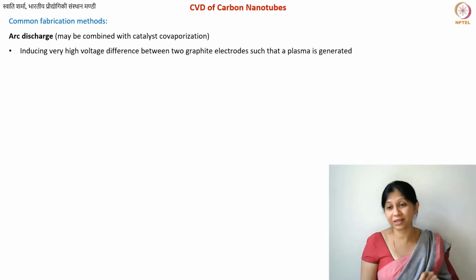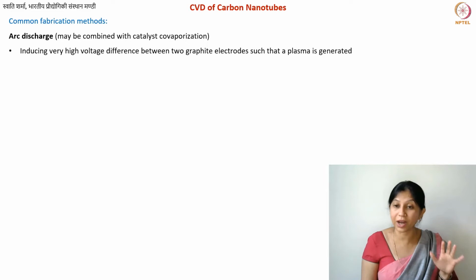And that vapor phase carbon then contains carbon nanotubes. It may also contain fullerenes, by the way. So these are very high energy processes that can yield curved carbon structures. So this is also one method of producing carbon nanotubes.